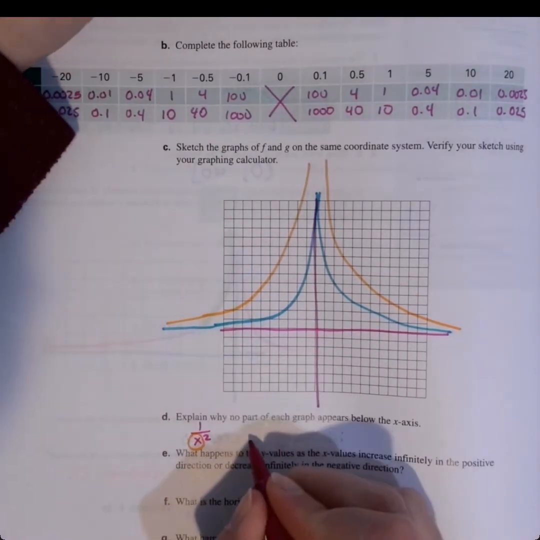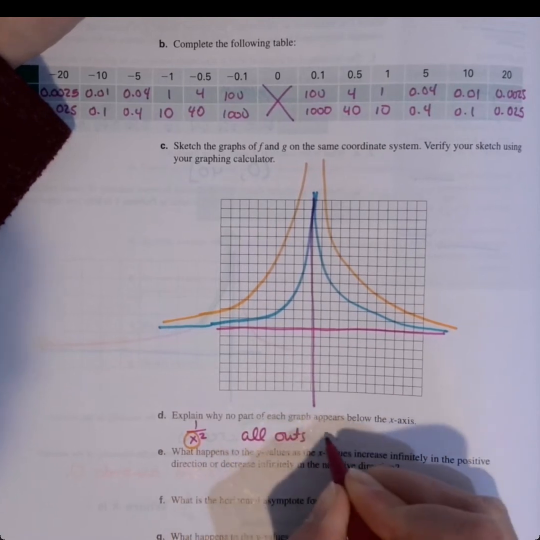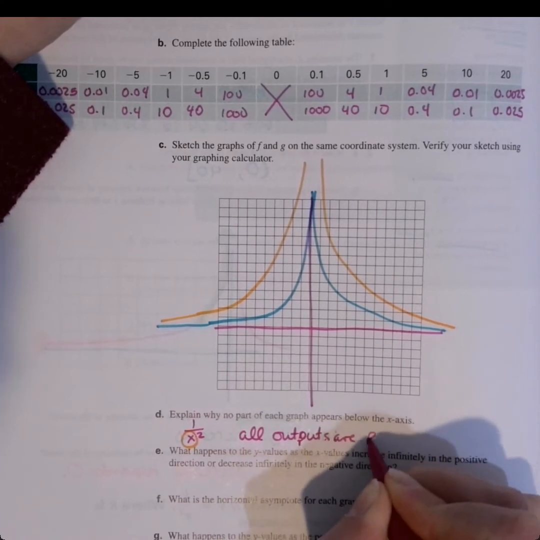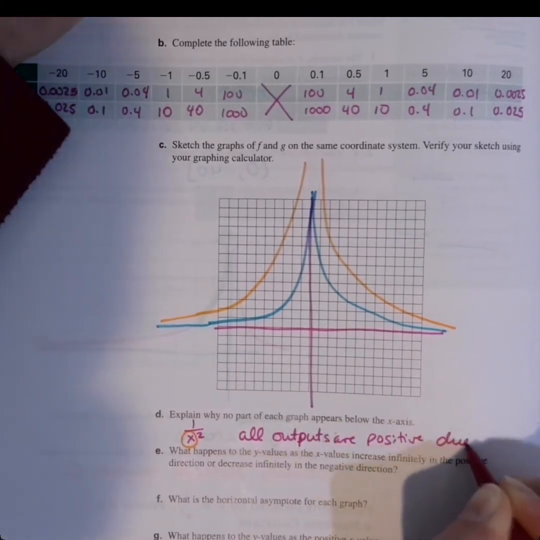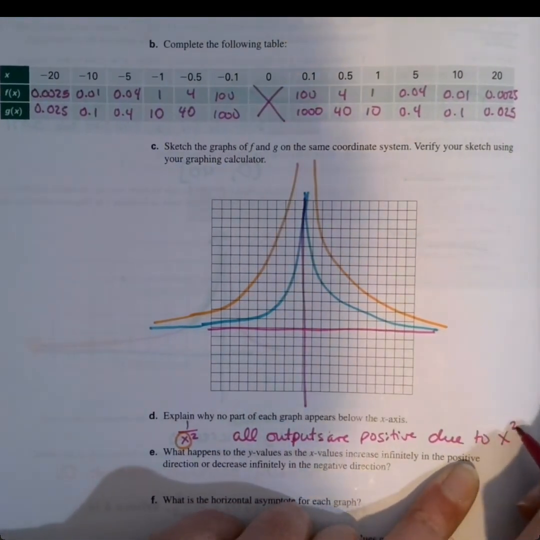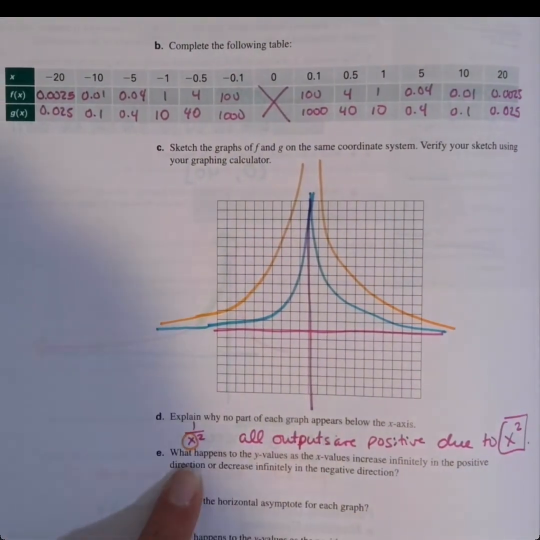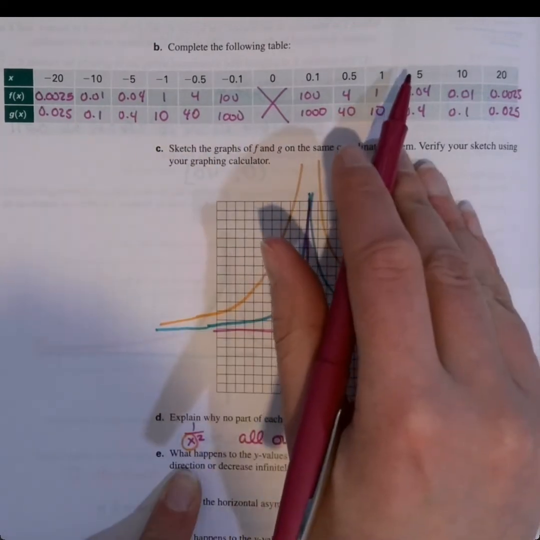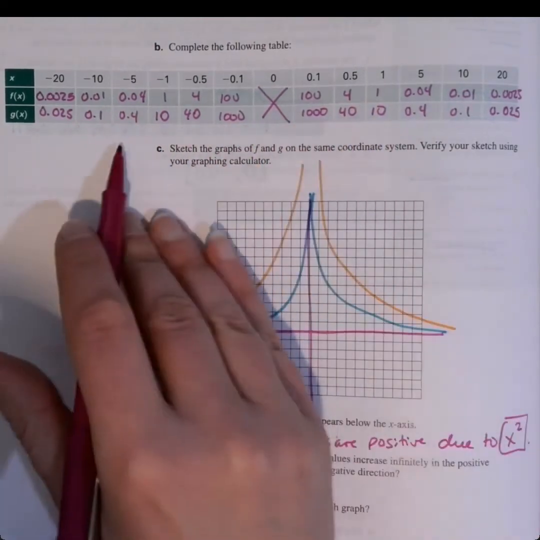So it's because all outputs are positive, due to the x squared in the denominator, right? Because we're going to square them. So when you plug in your negative inputs, they came out as positives. When you plug in your positive inputs, they came out as positives. So you see that symmetry of exactly the same thing on both sides of the y-axis there.